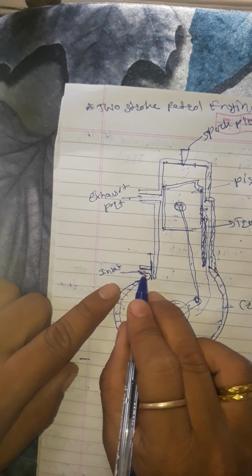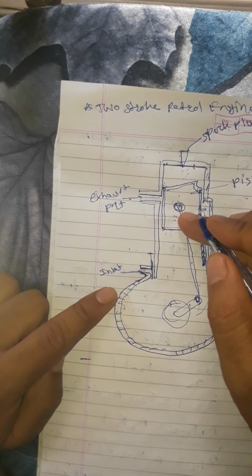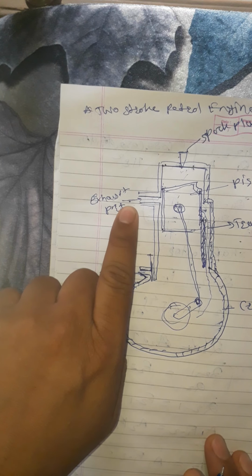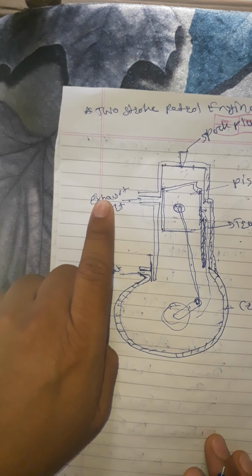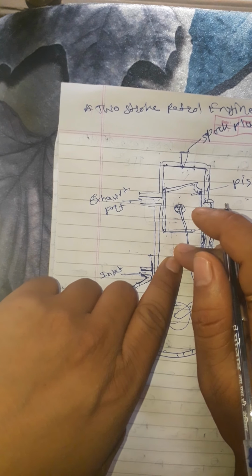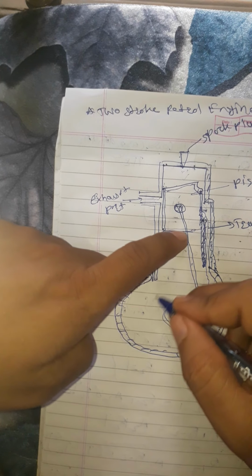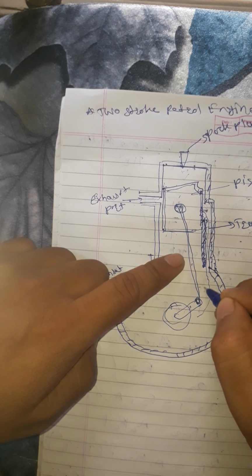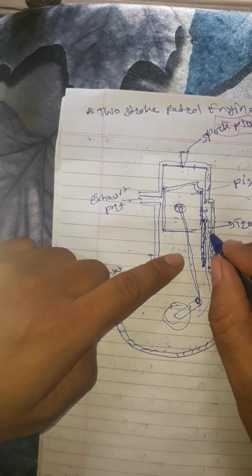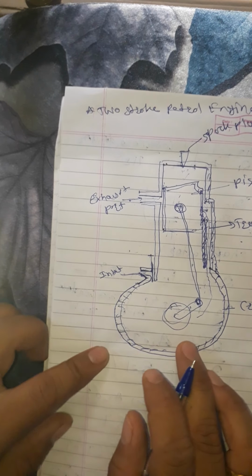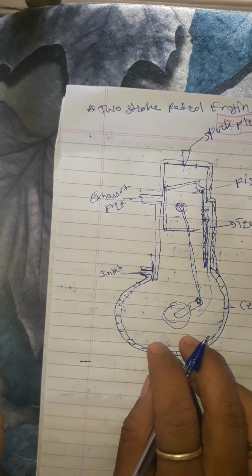When the piston moves down, it first uncovers the exhaust port and burnt gases leave the engine, and when it goes further down, pressure builds on the charge and this charge is transferred from the transfer port to the combustion chamber.